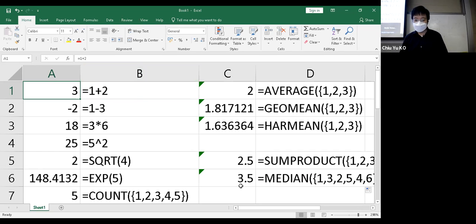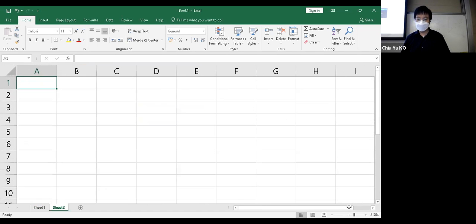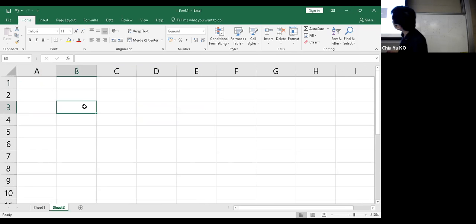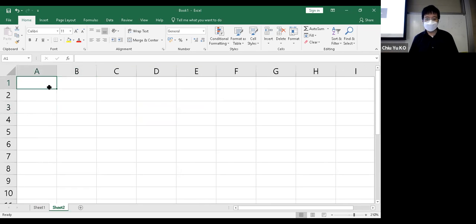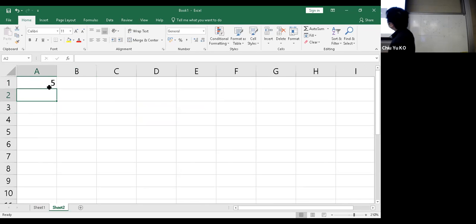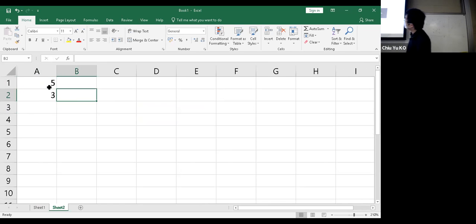Let me show you. I put up a new spreadsheet and zoom in a little bit further. What is the address here? Suppose I put a number here, 5, and another number here, 3, and we want to figure out the sum of the two.